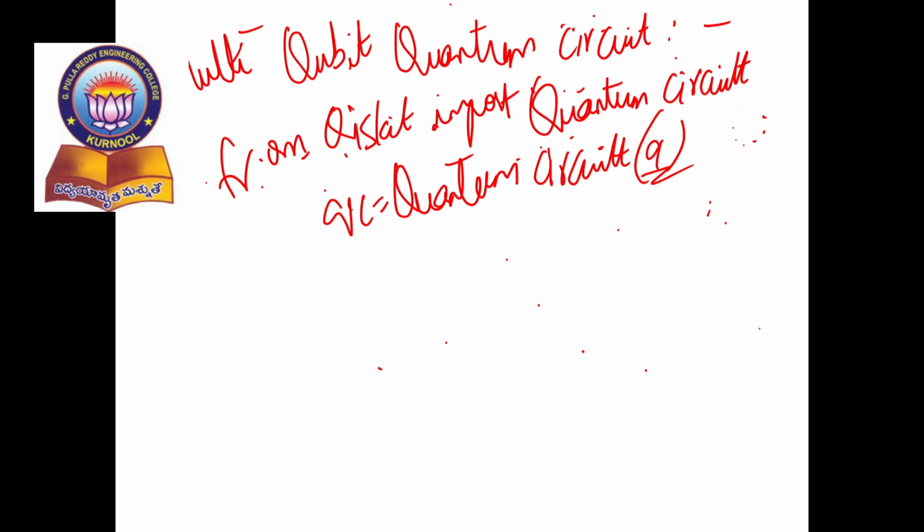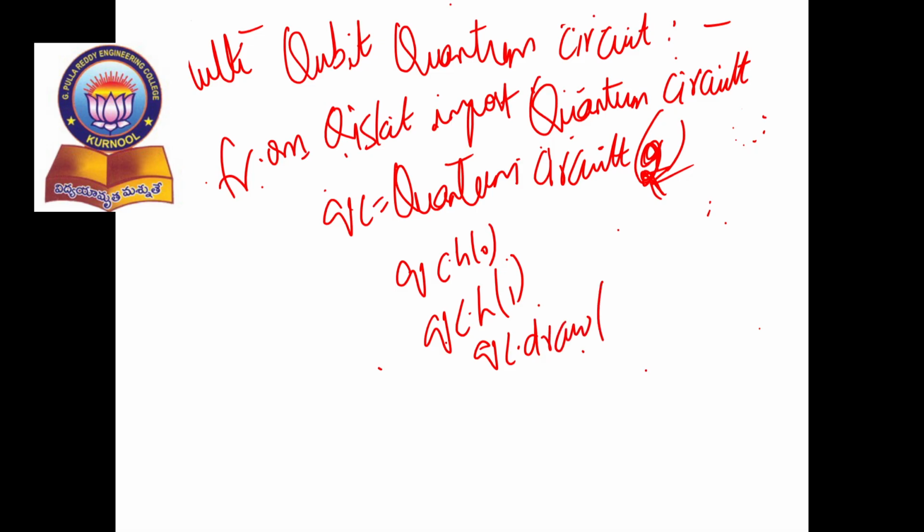Here we can add 2, which means more than one, that is multiple. So here we can write QC dot H of 0, again we can add H of 1 here, QC dot draw of output is equal to MPL.